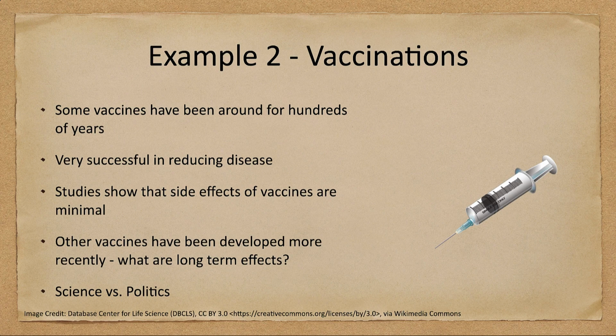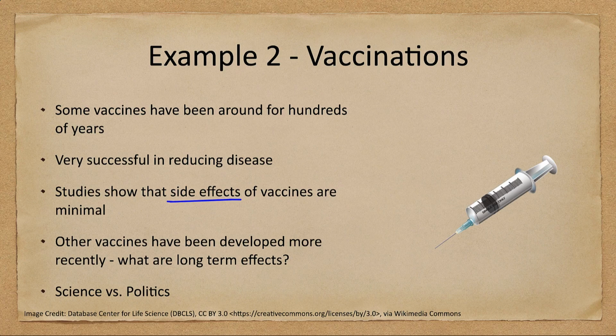Scientific studies have shown that overall vaccines are safe and that people benefit from having the vaccine. Does that mean there are no side effects? Of course there are side effects, and people have gotten sick and died, possibly because of vaccines. That has happened. But the overall side effects are minimal relative to the diseases that have been stopped.